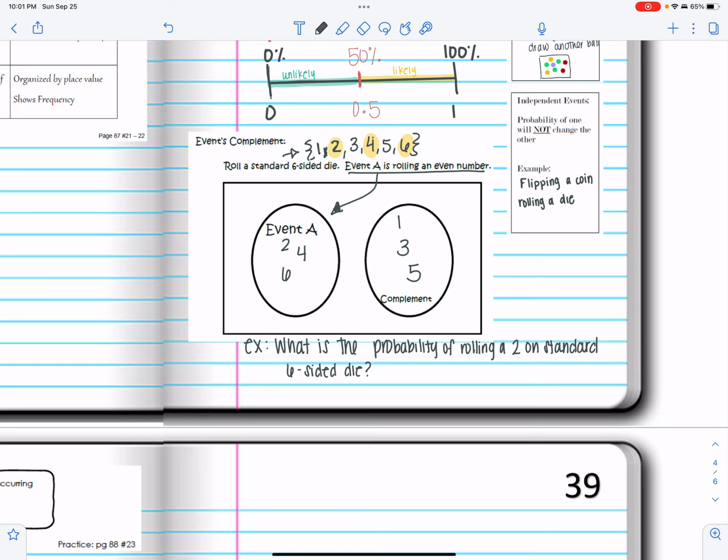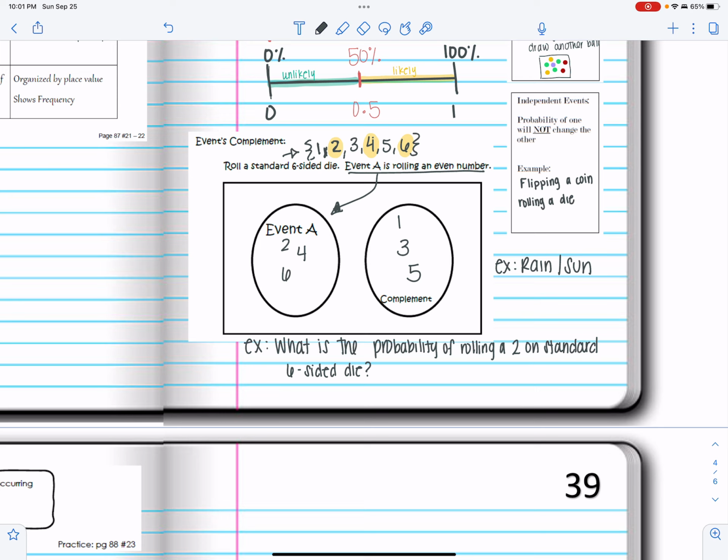Another easy example about the complement is rain or sun. On a certain day, it could be rainy or it could be sunny. And so the complement of sunny would be rainy and vice versa.